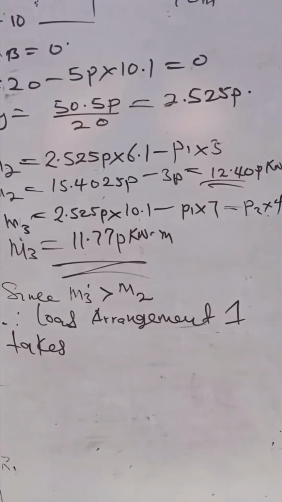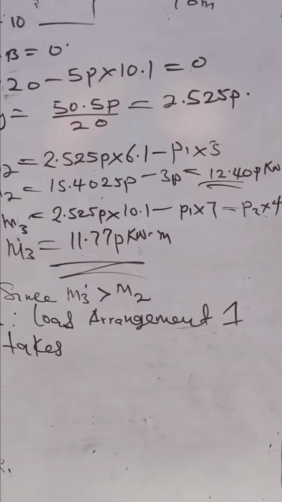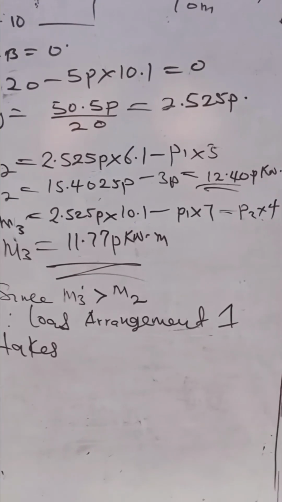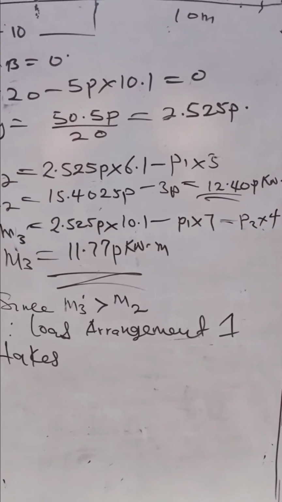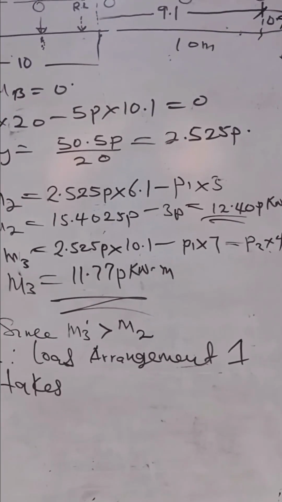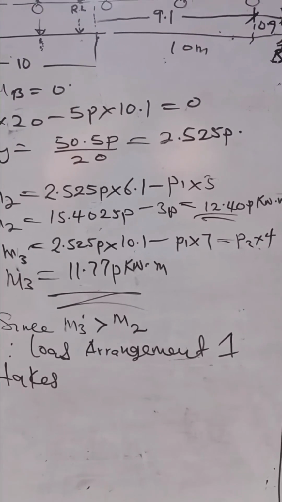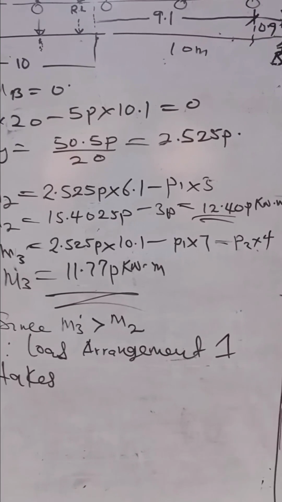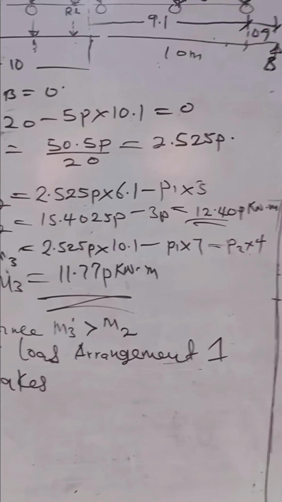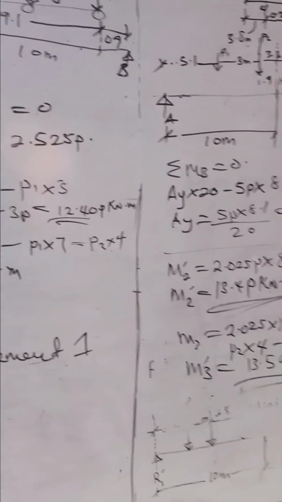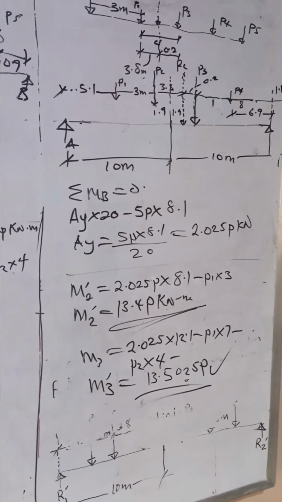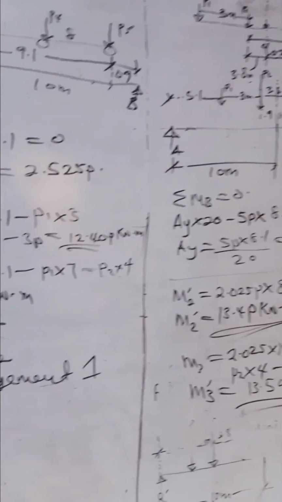Since M3 prime is greater than M2, the first load arrangement, arrangement 1, takes precedence. So the maximum moment of this set of concentrated load on this simply supported beam of 20 meters span is 13.5025P. It becomes the maximum moment of this particular beam.